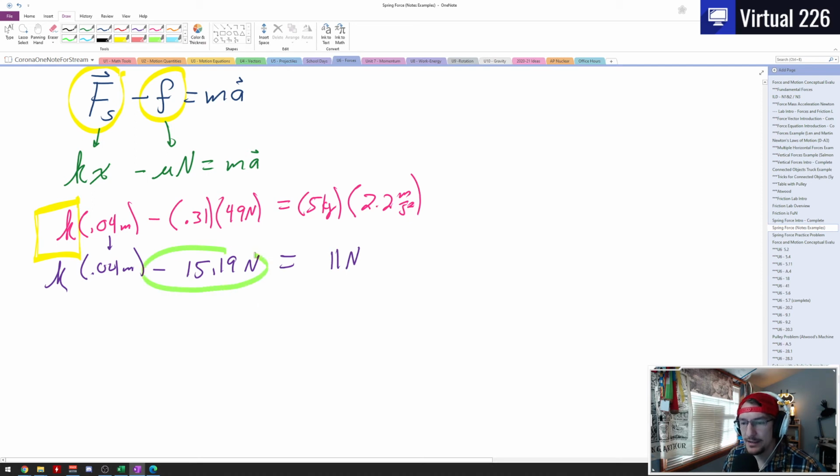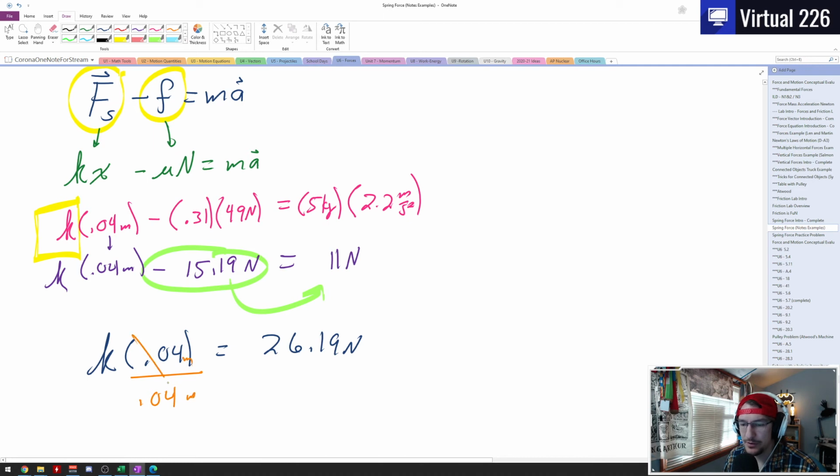I can now add the negative 15.19 over to the other side. When I do this, I'm going to have k times 0.04 equals 15.19 plus 11, which should be 26.19 newtons here. And then I just need to divide by 0.04 meters.